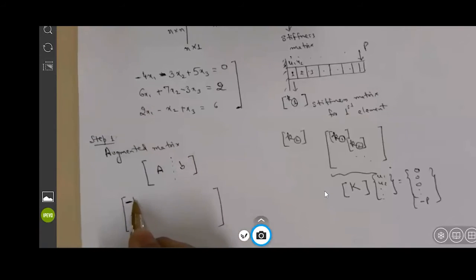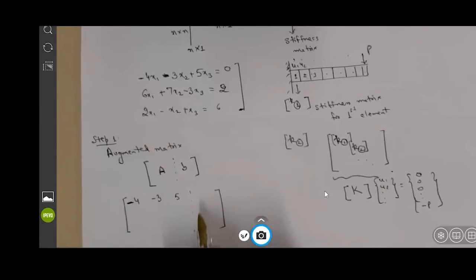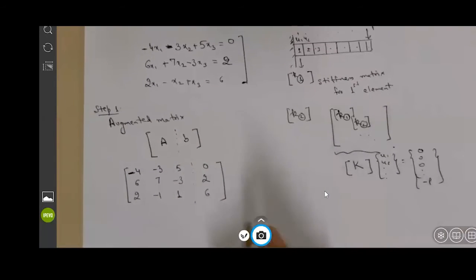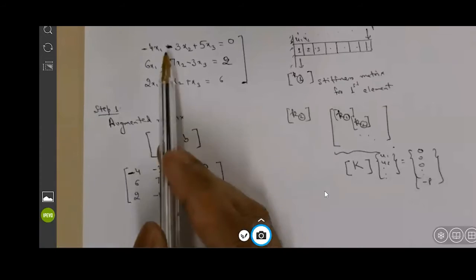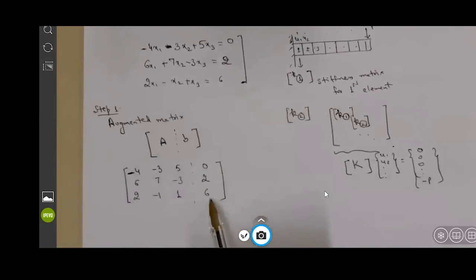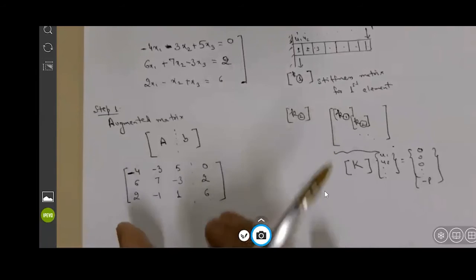The B vector is 0, 0, 6 and so on. Great. So basically you are writing the coefficients here. Whatever the coefficient of x2 is, that goes in here, the x3 coefficient goes in here, and the B vector goes in here. So this is what you call an augmented matrix.